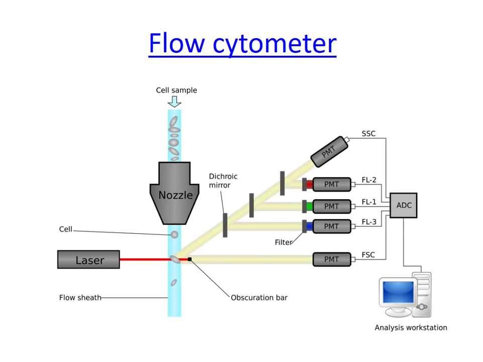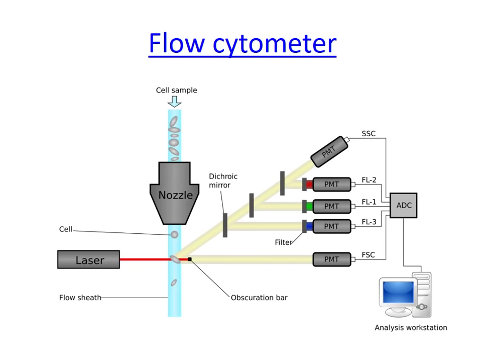And the rationale for getting the cells to flow in a single file is that we can look at one cell individually as it passes through. And when it passes through, it gets to the point where a laser or a light is directed against the cell. The light then gets deflected in all directions, and the deflected light gets detected using these photomultiplier tubes.